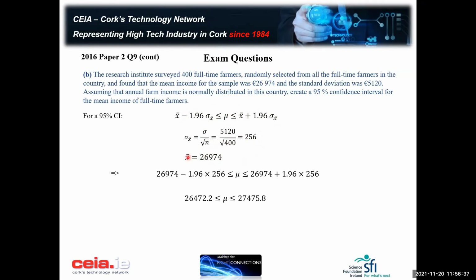Using this mean, you find this range for the mean income of the farmers. And this is the 95% confidence interval for the mean.